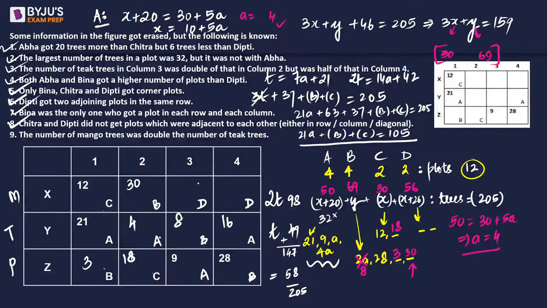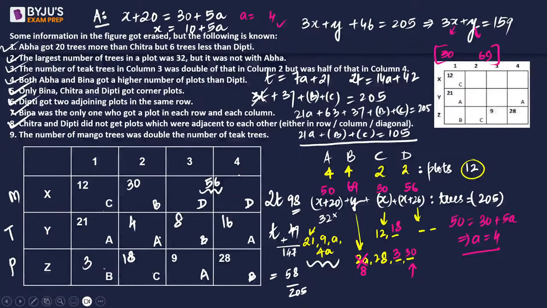Now, do we know the number of trees that D has? We don't know the actual values, but we do know that the sum of the trees should be 98 in the first row, out of which 42 is already here. So that tells us कि इसका sum जो होगा वो 56 होगा. Right? Now 56 can be broken in a lot of ways to get two numbers, as one in the table of 3, another in the table of 4. ये very much possible है.